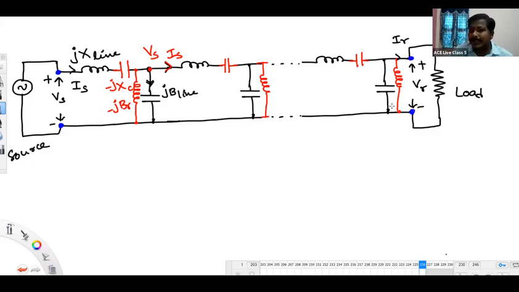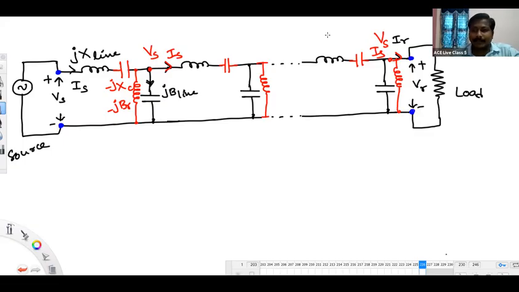Ultimately, after reaching the end, we are going to get the voltage and current as Vs and Is, which are exactly equal to VR and IR.